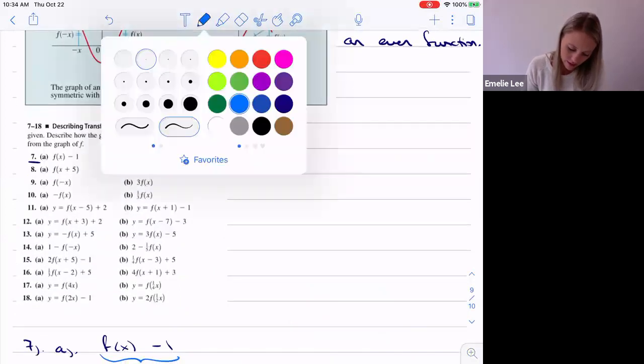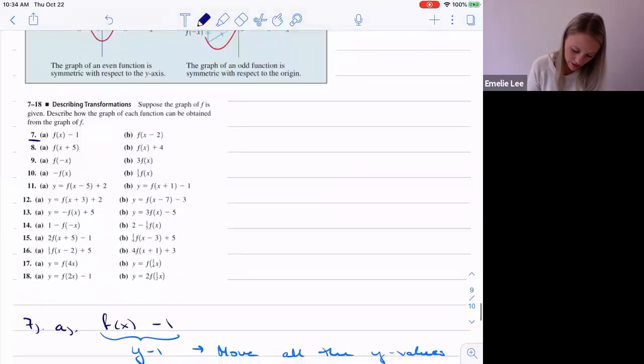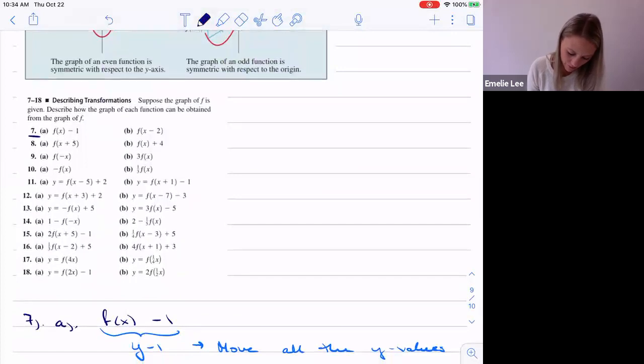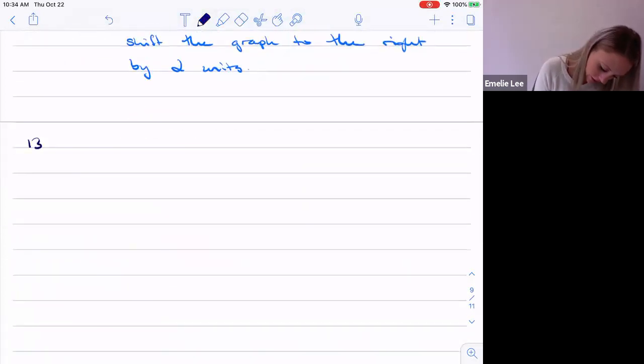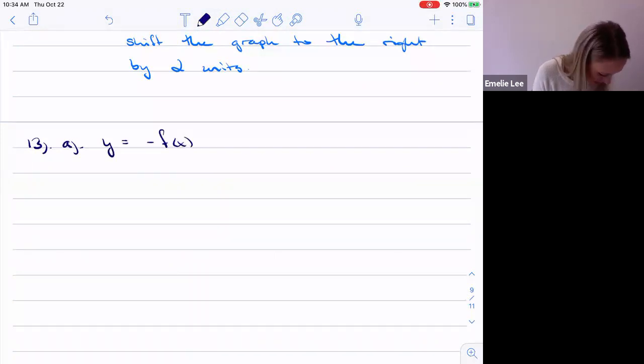Let's do one that's maybe a little bit more involved. How about 13? Looking at 13a, I'll just copy it from here. Y equals negative f of x plus 5.